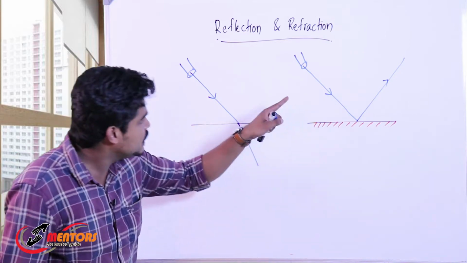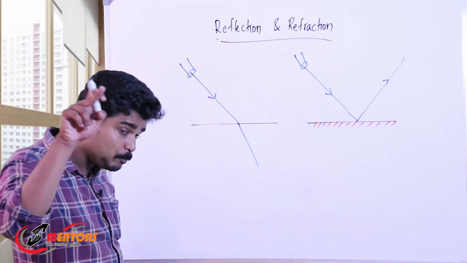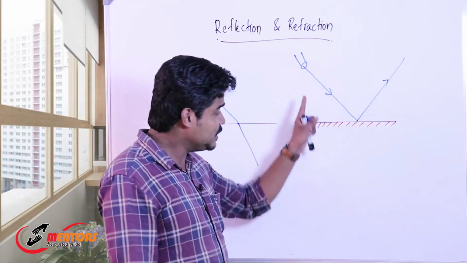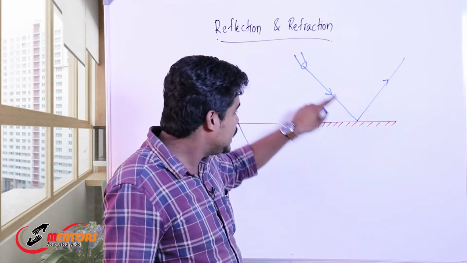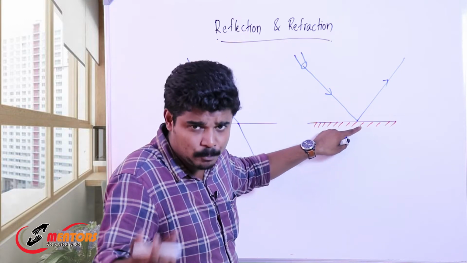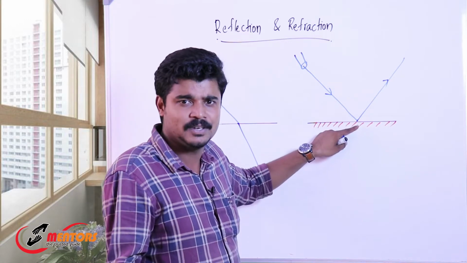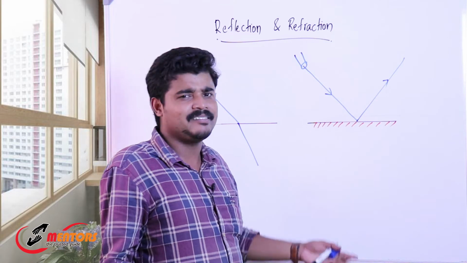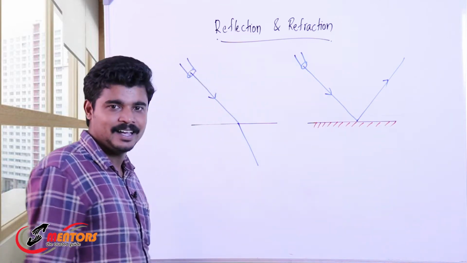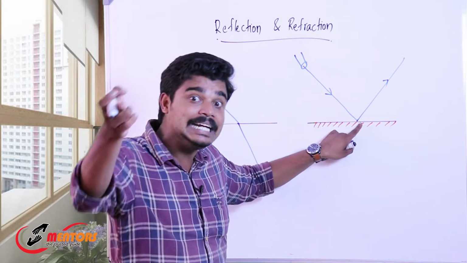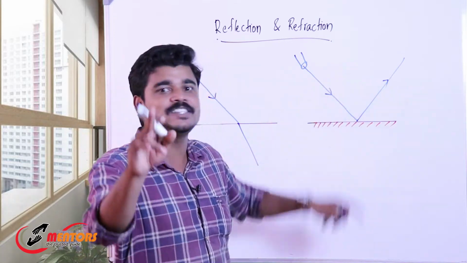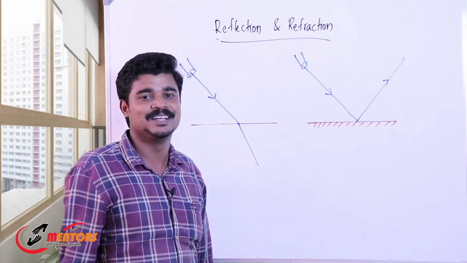But what happens in the second case, on the blocked side? Here the light ray is coming from one medium, but on hitting the surface, due to the blocked side on the other surface, this light ray can't pass through. As a result, this light ray returns back to the same medium from which it came.